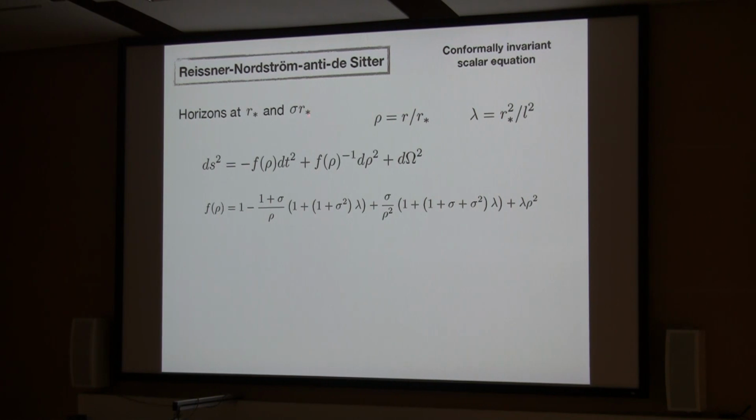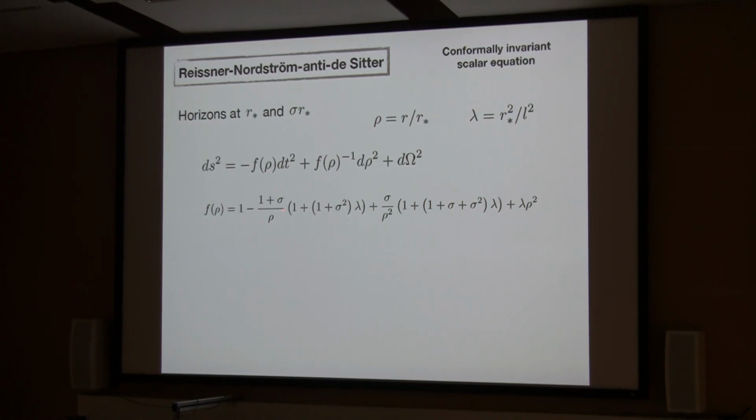So for sigma going to 0, we get the Schwarzschild-anti-de Sitter spacetime, while for sigma going to 1, we get the extremal case. And in this parameterization, the cosmological constant is taken here as lambda, and the metric function takes the following shape.